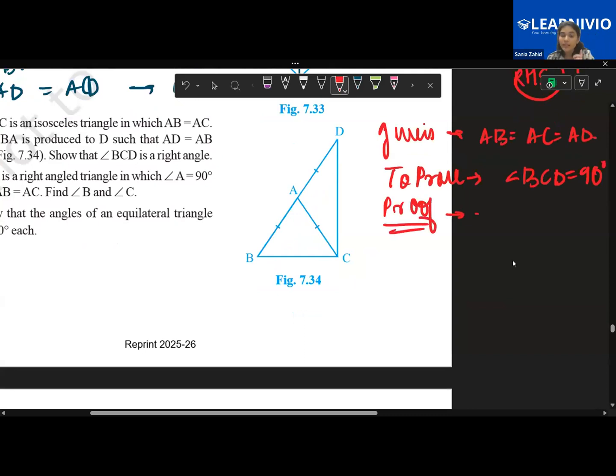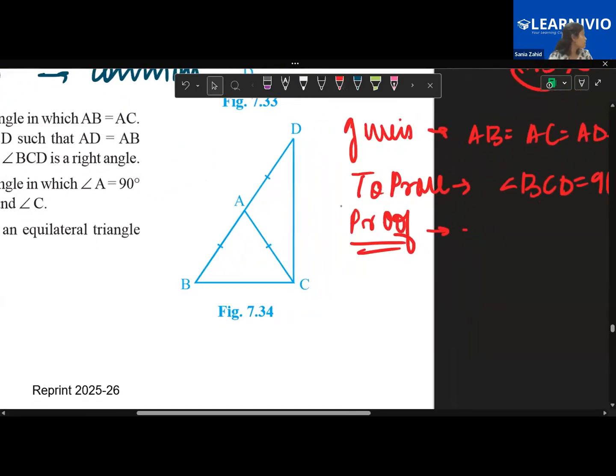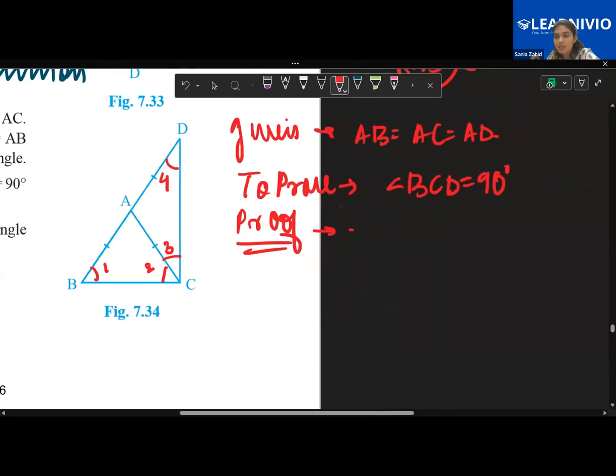First you will look here, then you will mark in your figures. So let's call this angle 1, angle 2, angle 3, and angle 4. All of you mark it in your notebooks, angle 1, angle 2, angle 3, and angle 4.